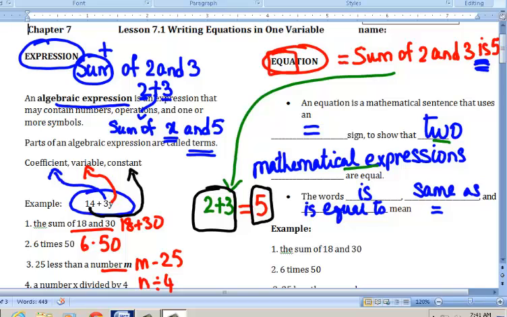First example, the sum of 18 and 30 is 48. So I'm going to rewrite this as 18 plus 30 is 48.